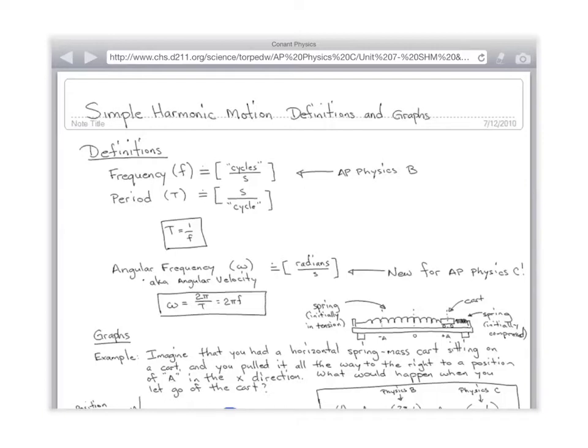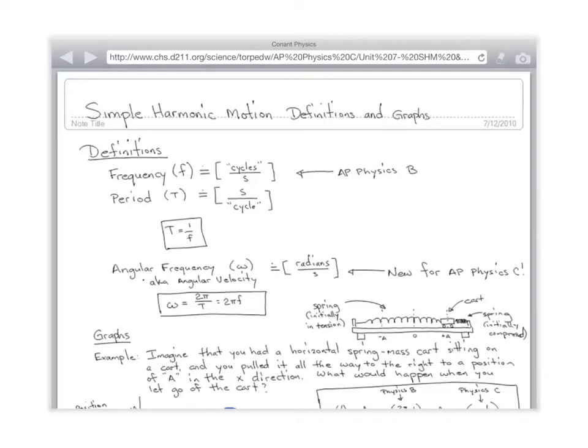Angular frequency is radians per second, whereas frequency is revolutions or cycles per second. So there's a factor of 2 pi involved. So angular frequency is 2 pi over period, or 2 pi times regular frequency.